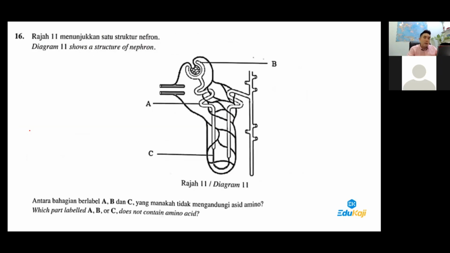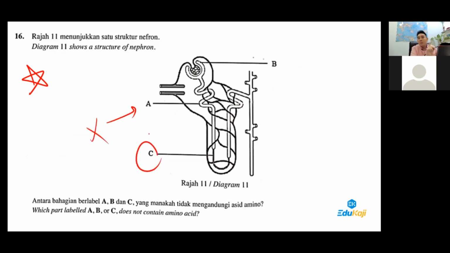Guys, 16. Draw one star. This is a good question. Now, where does not contain amino acid? If you answer too fast, you might answer A. A is wrong.